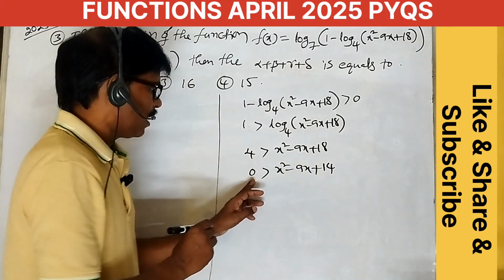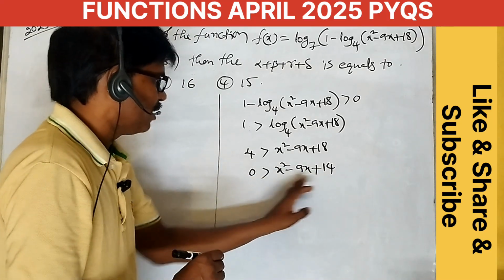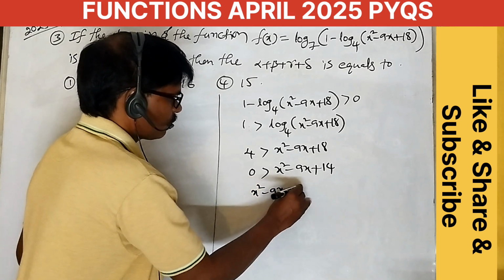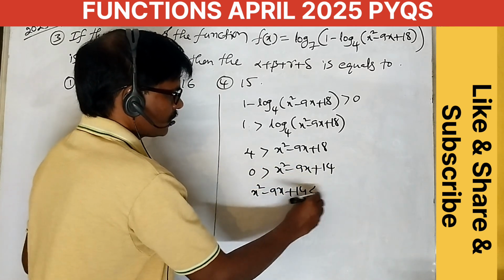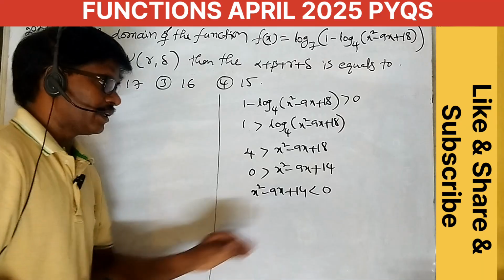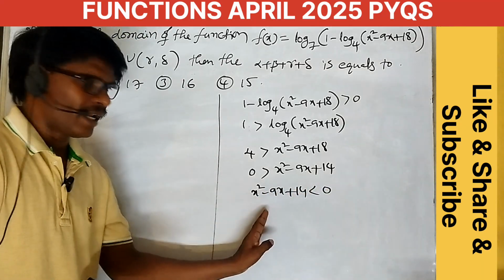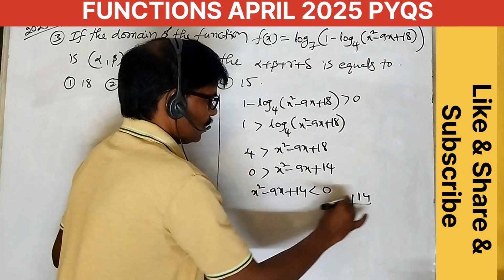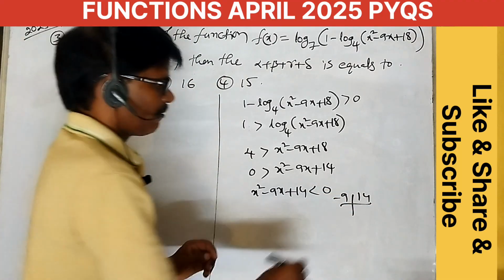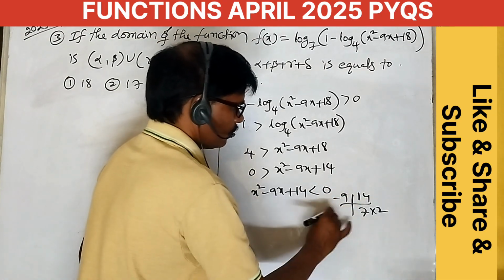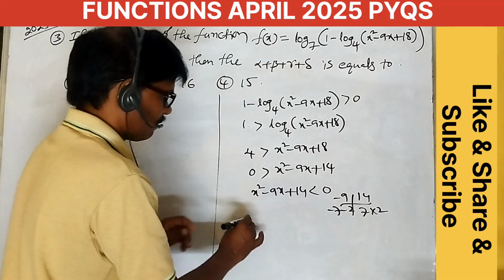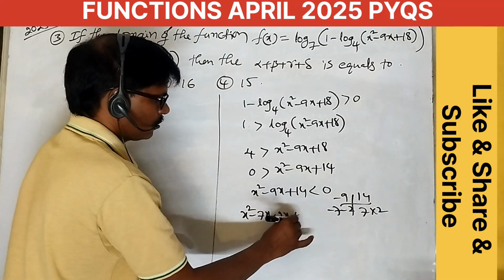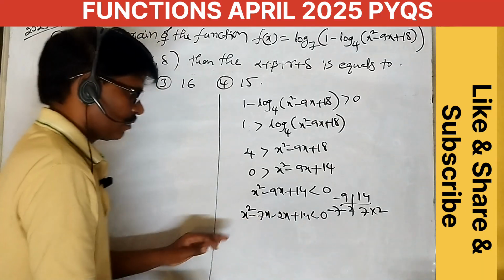So 0 is greater than x square minus 9x plus 14, that is, x square minus 9x plus 14 is less than 0. Simplify this. 14 is 7 into 2, and minus 7 minus 2 gives 9. So x square minus 7x minus 2x plus 14 is less than 0.